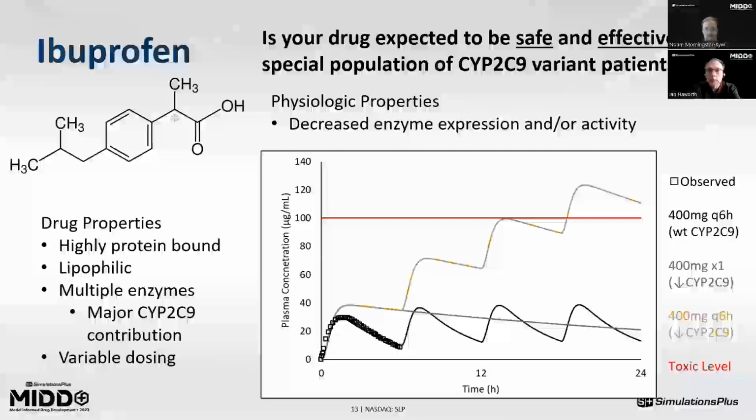In this case, there's actually two ways, right? They can do decreased enzyme expression, which is most likely closest to the real-world effect, or they can just reduce the activity, that is, decrease the Vmax in the enzyme table in GastroPlus. Mathematically, the equations are combined, so the net result of total activity is the same.